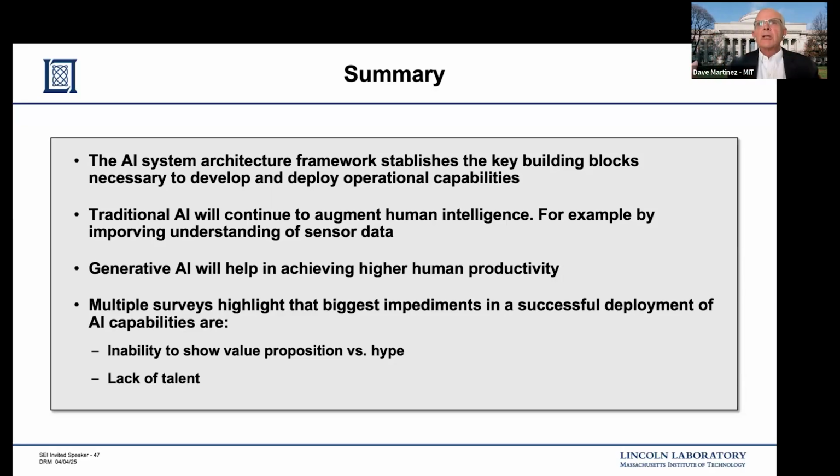But you've got to have a digitally transformed environment where there wouldn't be silos, and they can nicely communicate among it and communicate digitally. Is what I mean. Multiple surveys highlight that the biggest impediments are recognizing where the value of AI is versus hype and the lack of talent.